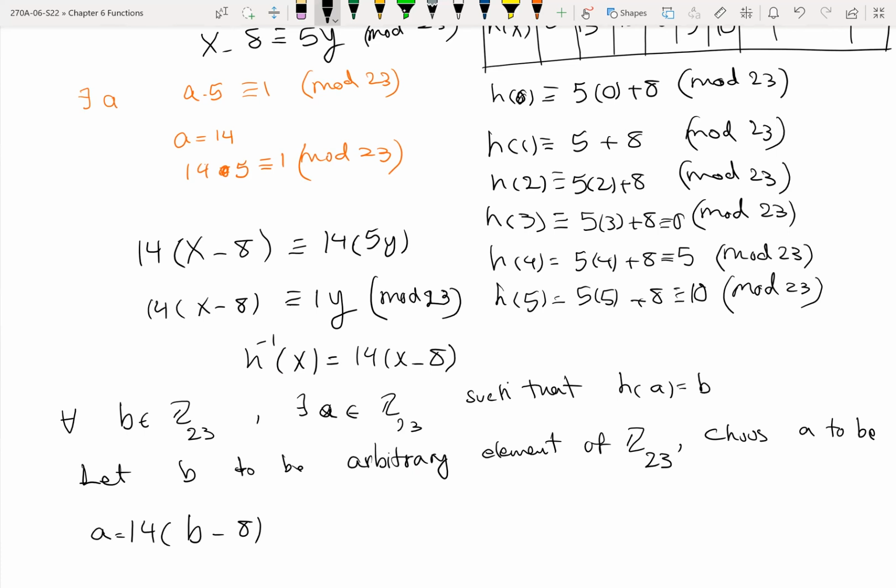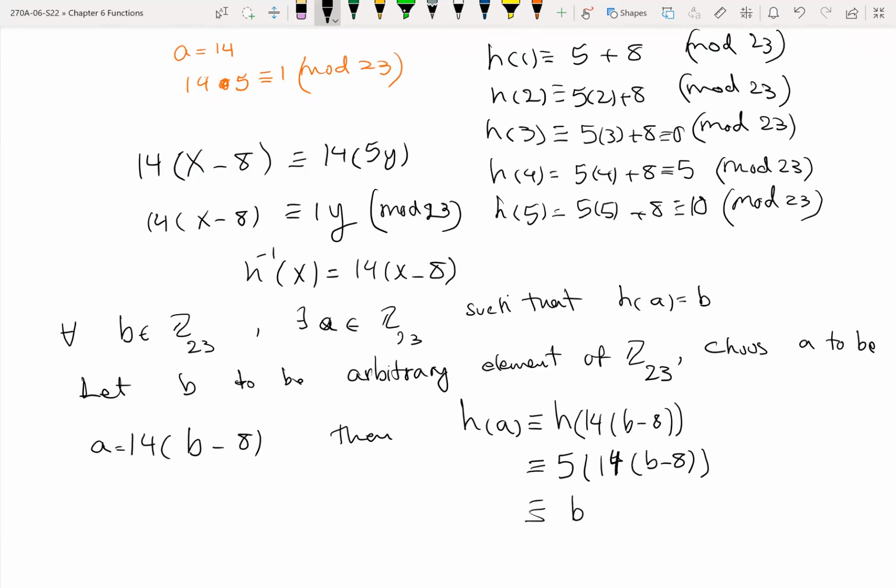Then h of a equals h of 14b minus 8, equals 5 times 14b minus 8, equals 1, so it's b minus 8.